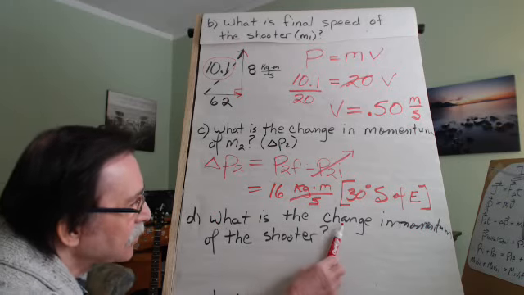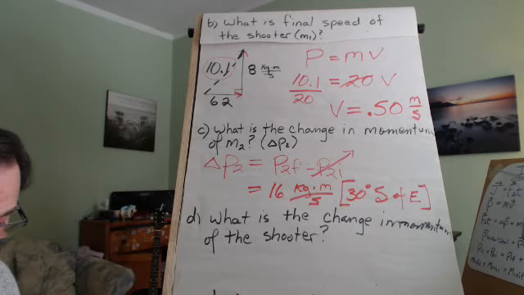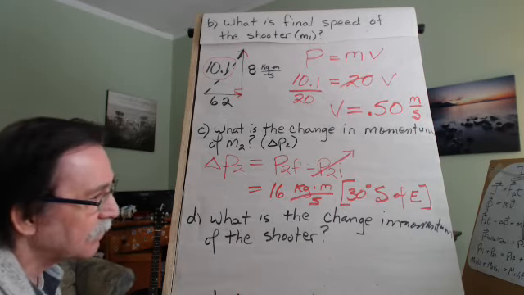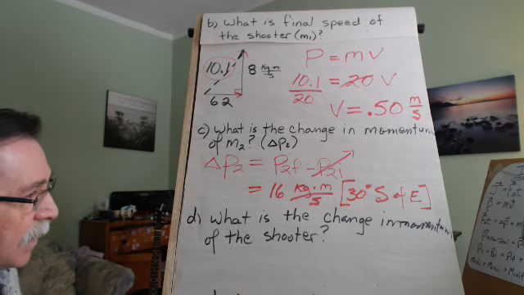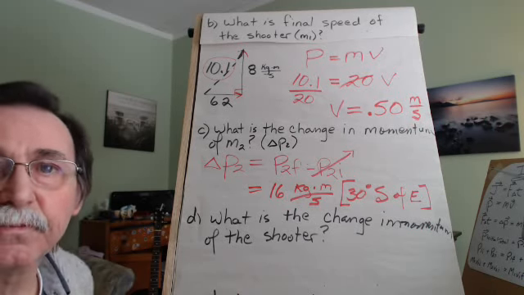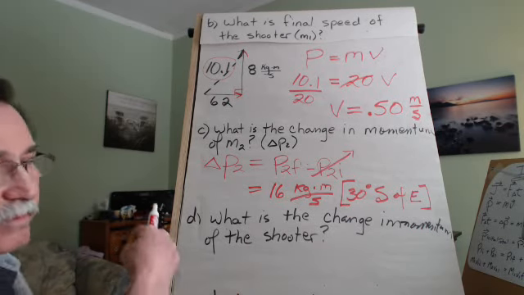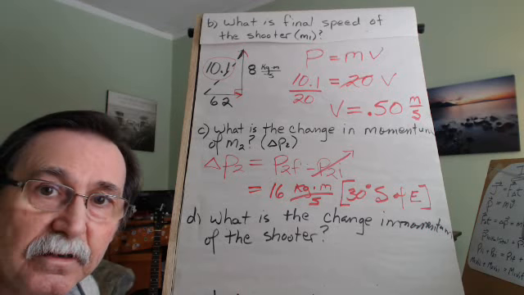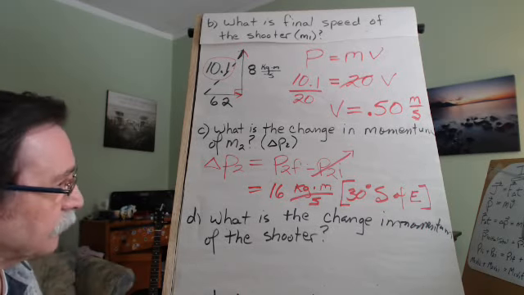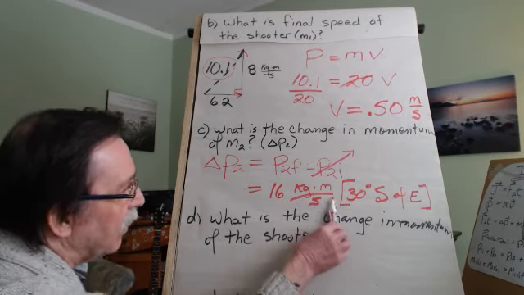What is the change in momentum of the shooter? This one has several different solutions, but I'm going to use Newton's third law on this one, and that is that the change in momentum of the shooter is just opposite to the change in momentum of the target. So what is the opposite of this value?